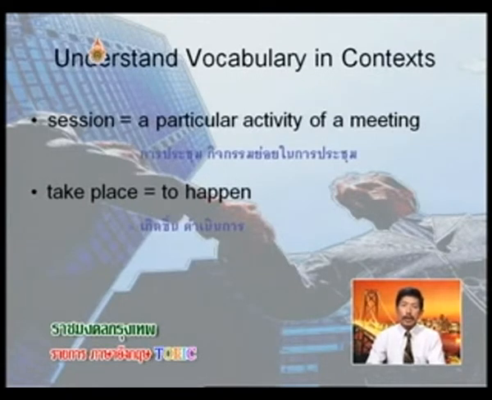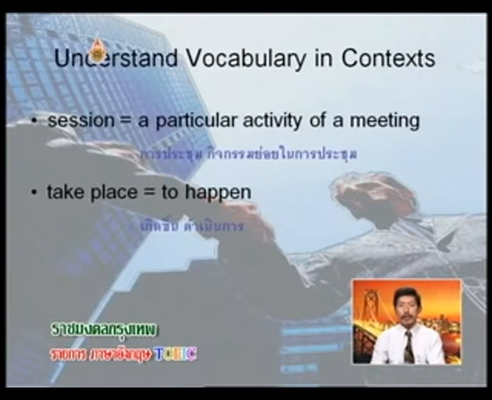If you are looking at a dictionary for the meaning of a new word from English to Thai, they usually give you different Thai words, and if you pick up the wrong word, the sentence will be misunderstood and it's no good anyway.